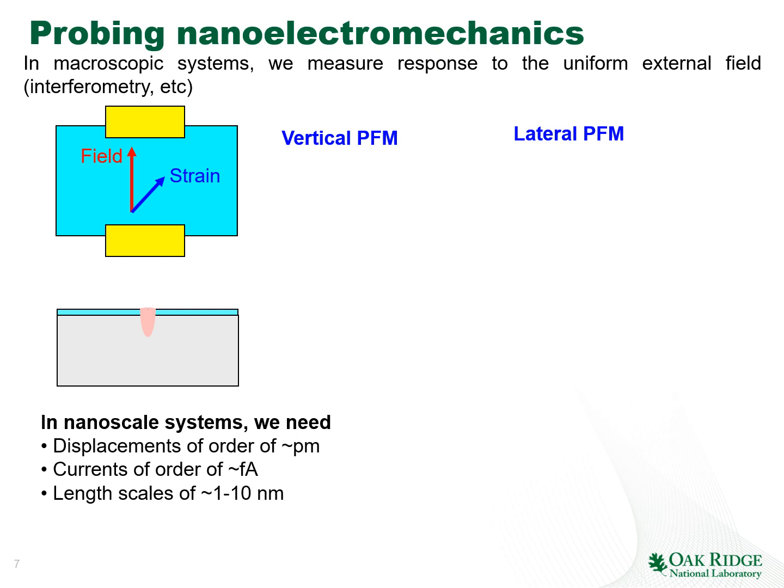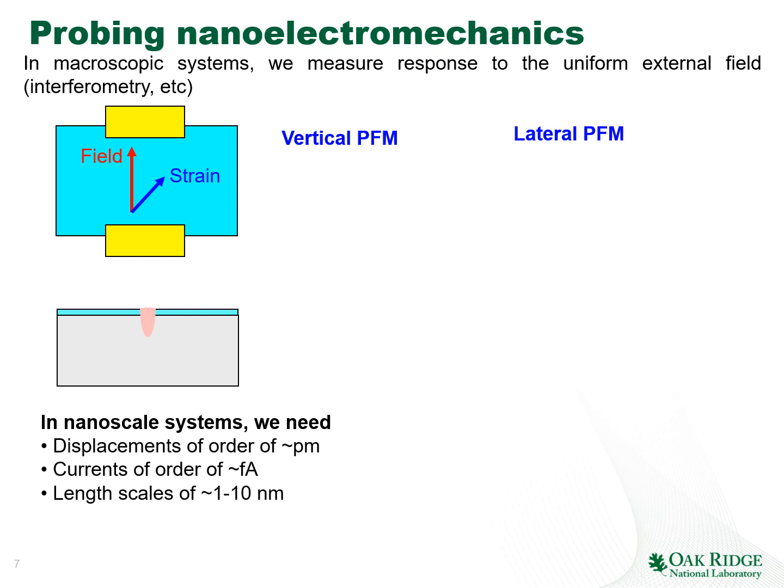Of course, for the quartz crystal, we can apply tens of kilovolts, and then the displacements are large enough to be measured. However, if we go to the nanoscale, for example, if we want to measure the property of a single nanoscale region, the difficulties are magnified by many orders of magnitude.